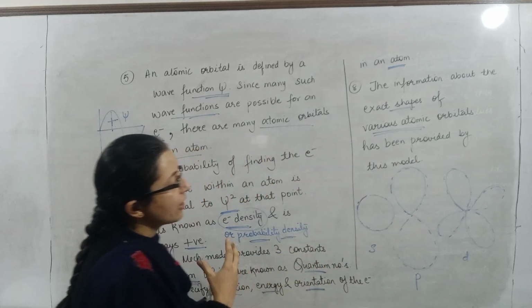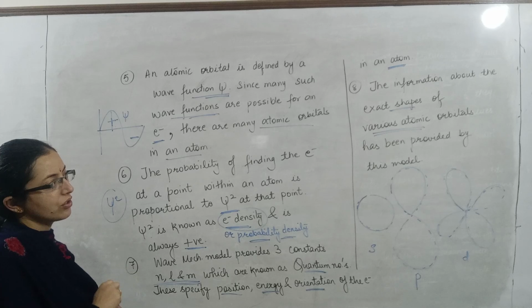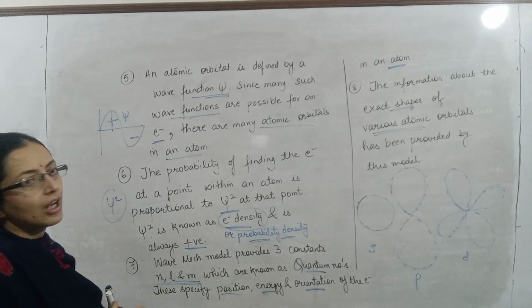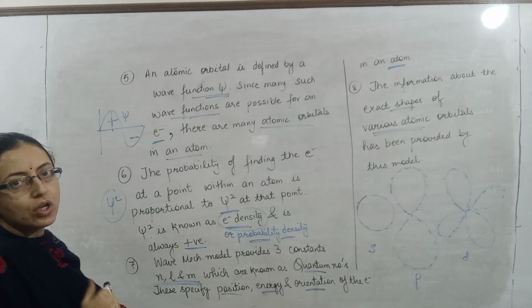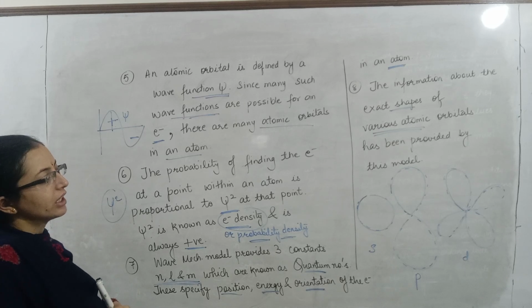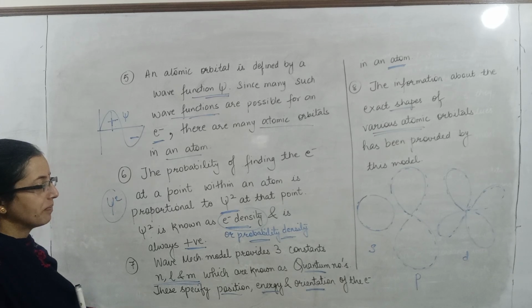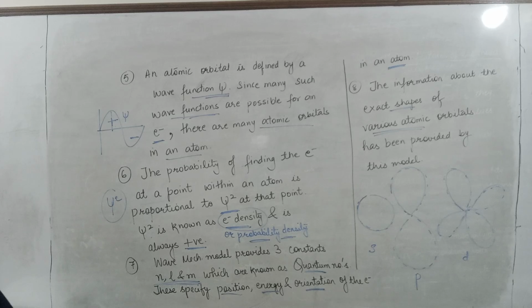Okay? The graphs that have been calculated based on the Schrodinger equation, from there we derive these shapes. So s is spherical, p dumbbell, d is double. These are some of the important features of the wave mechanical model, which is based on the Schrodinger wave equation, right?